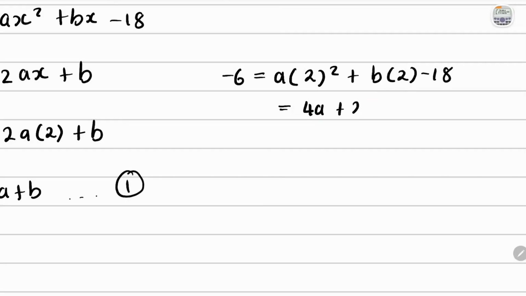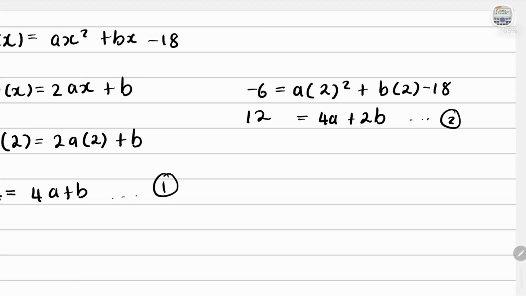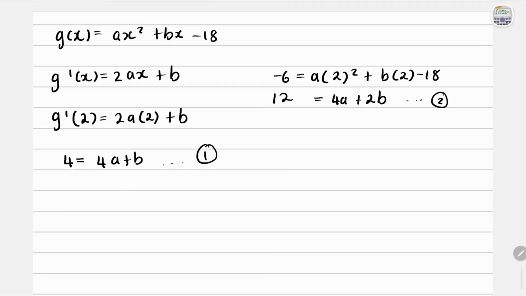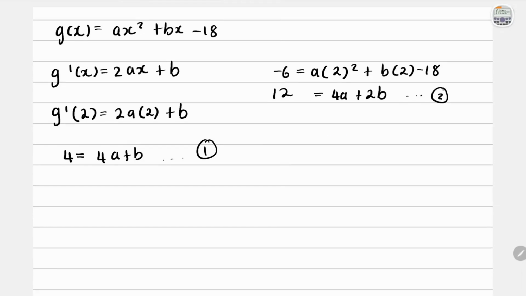Those multiply and give you 2b. Then we can take the negative 18 over to give us a positive 18 minus 6. Positive 18 minus 6 is 12. So this is what we have. That's equation 2. Now, you can choose to make one thing the subject, it's also fine. But I'll also show you another way of working through these simultaneous equations, because that's really what it is.